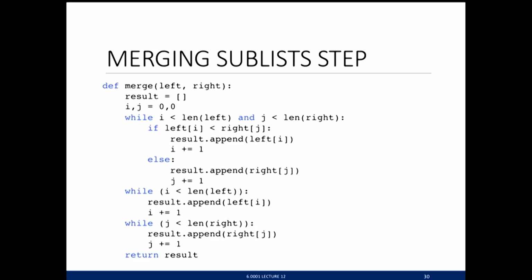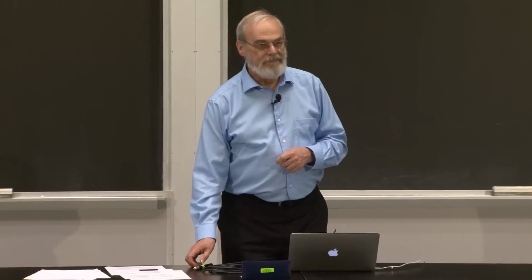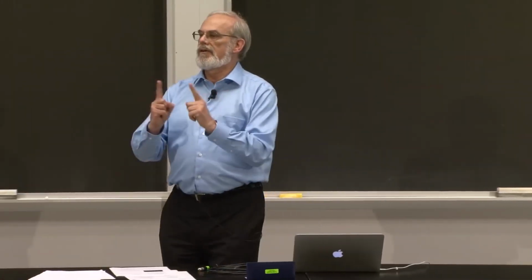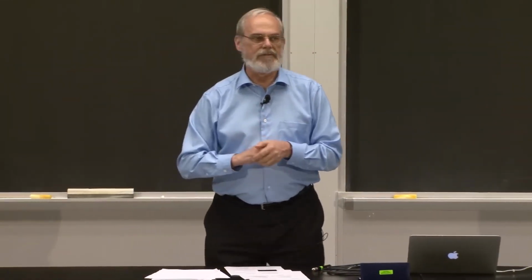And I'll just keep doing that until I exhaust one of the lists, and when I do, I know if I get out of here, they can't both be true. In other words, if there's still something in the left list, just put it on the end. Otherwise, if the only things left are in the right list, just put them on the end. So I'm just walking down the list, doing the comparison, adding the smallest element to my result, and when I'm done, I just return result.